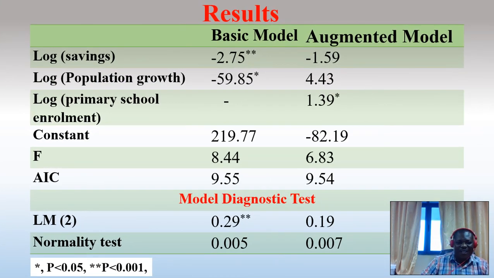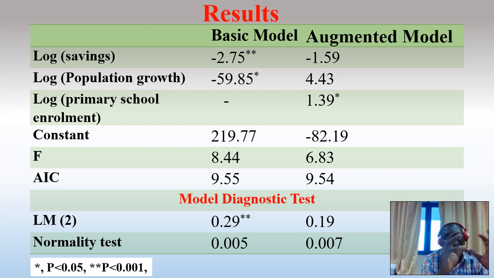Now, the result. The result is interesting. Income with savings shows a negative relationship, significant at 1%, and income with population growth is also negative, with a 5% significance level.